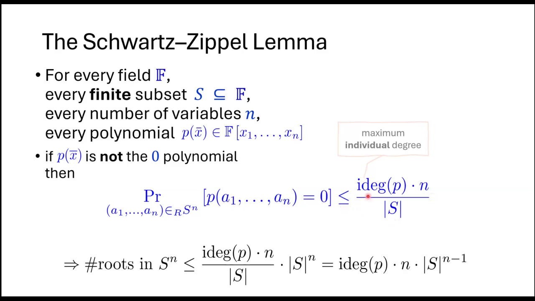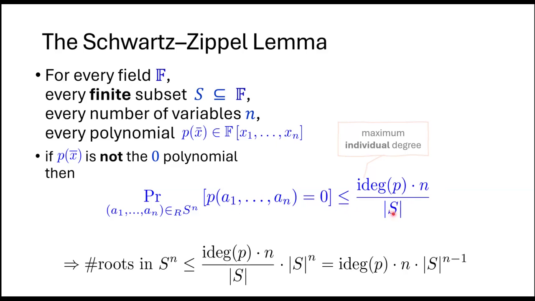It is at most the individual degree of P, where individual degree is the maximal power of a single variable in the polynomial, times n, the number of variables, over the size of the S we chose.